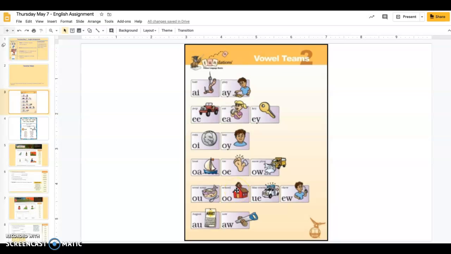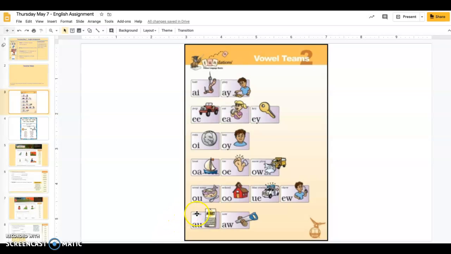OO is a vowel team that can make the long sound oo like in school, or the short sound like in book. The vowel teams UE and EU make the sounds oo and u.